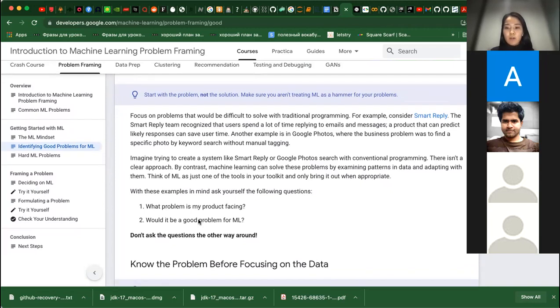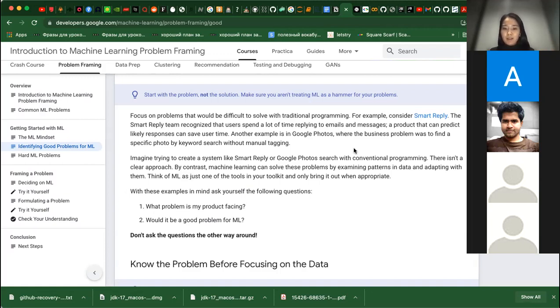If it's a smart reply, we know that we want the machine to recognize the meaning of the message, and then after recognizing the meaning, to prepare some examples of the reply. Or for example, for Google Photos, we want to classify photos according to person or some subject.